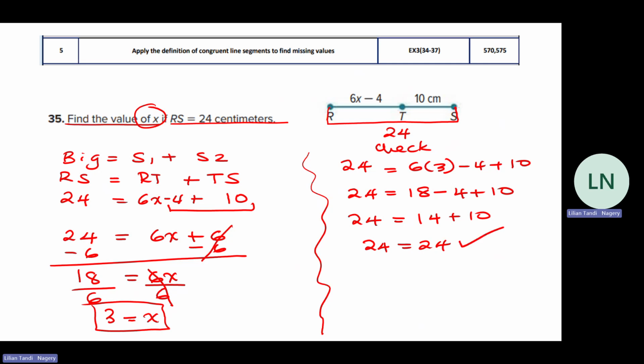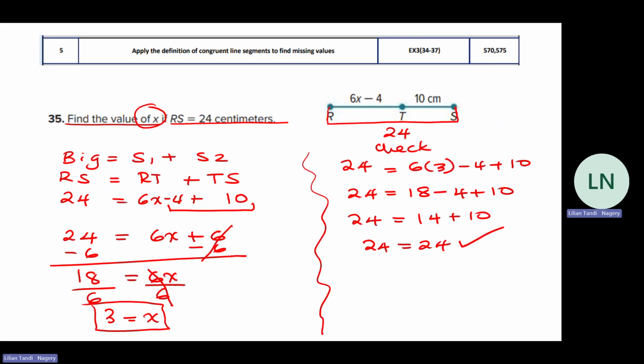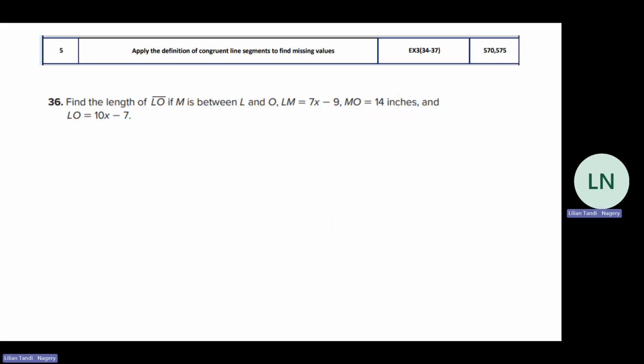I am correct. So this is my answer. Remember, checking is for you to confirm you got the correct answer before you choose. Don't assume that you got the answer here and you did it correctly. Checking is what confirms that this answer is correct.